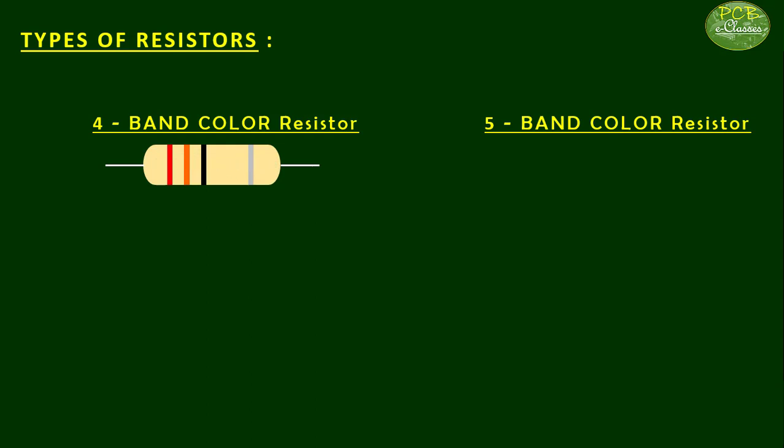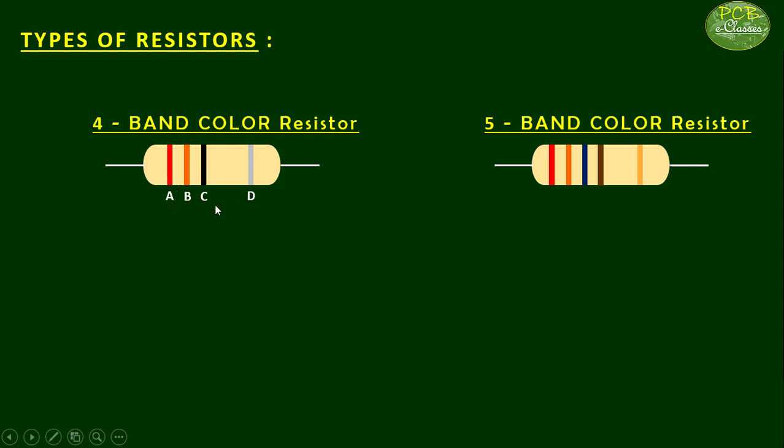How many colors are there? 1, 2, 3 and 4. Let us name the color bands A, B, C and D. Similarly for the 5-band color code resistor, we have A, B, C, D, E.